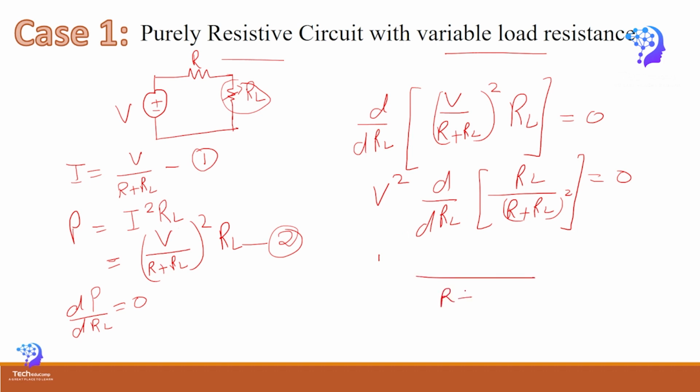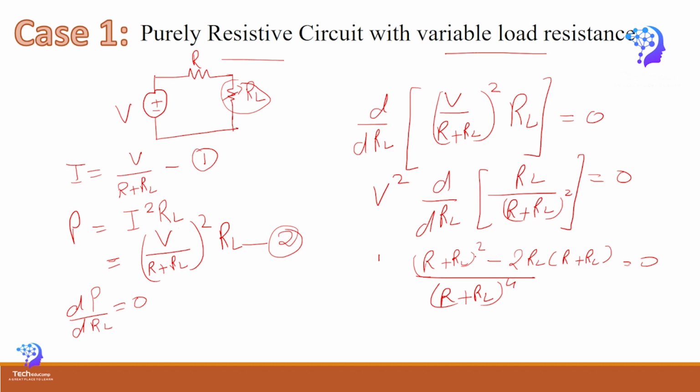The denominator will be R plus RL to the power 4, upon the denominator's square, and in the numerator, keeping R plus RL whole square as it is, differentiating this, it will be 1, minus, keeping this constant and differentiating the other, 2RL into R plus RL, equal to 0.